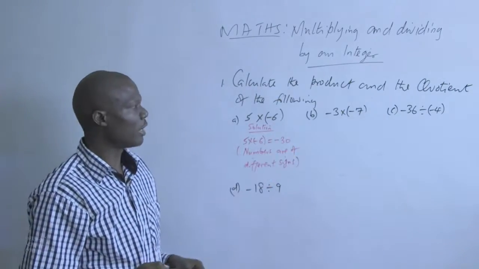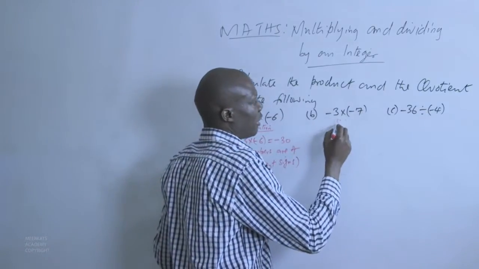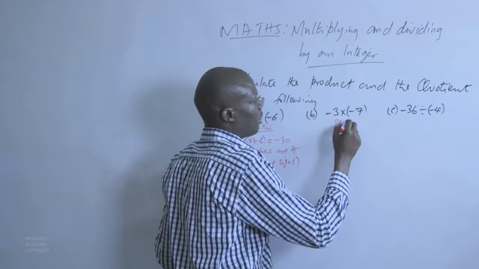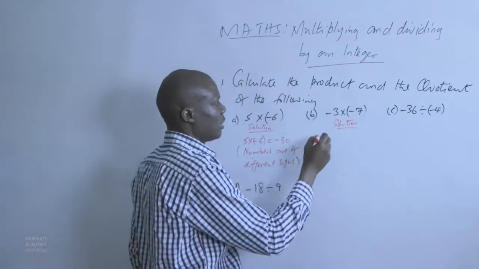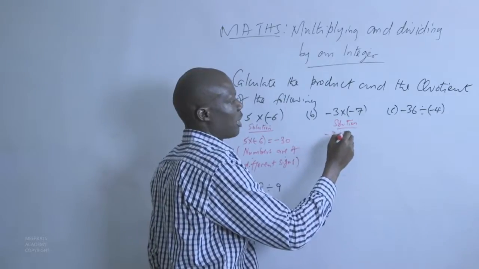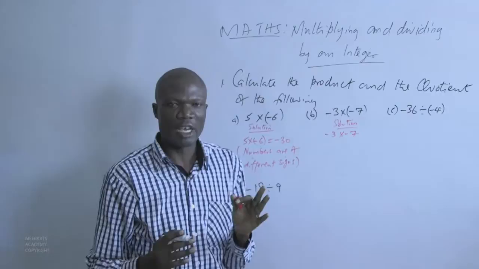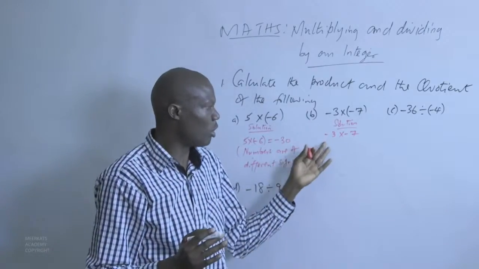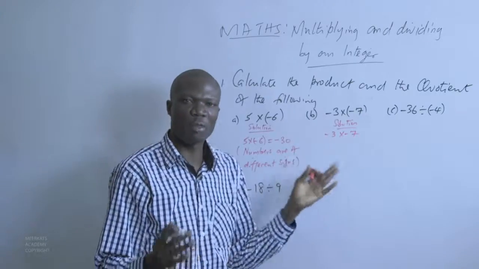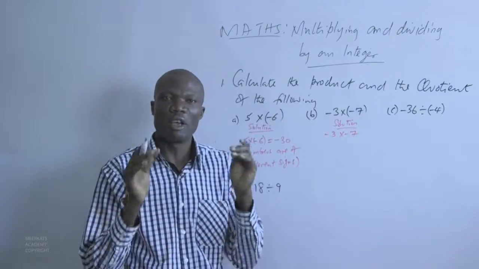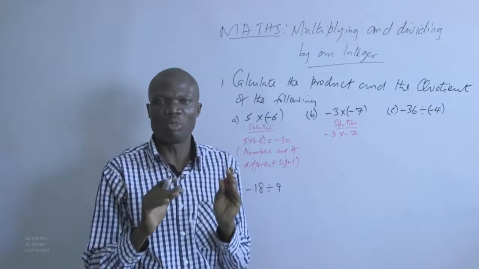The second one is negative 3 multiplied by negative 7. The signs are the same. Both of them are negative. The rule says, simple, if we are multiplying two numbers with the same signs, the answer should be positive.